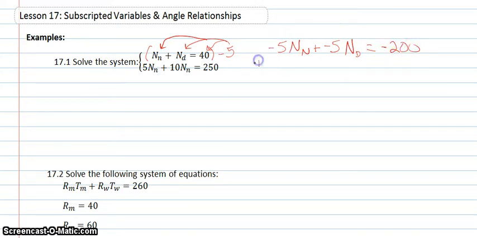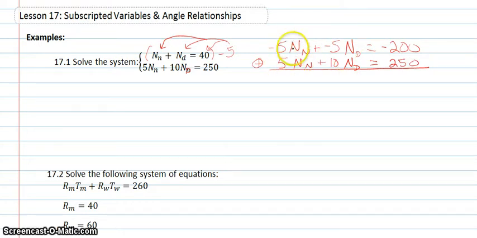And I'm going to add that to the bottom equation. I'm not going to change the bottom equation. It's going to have 5 n sub n plus 10 n sub d, that should have been a d right there, sorry, equals 250.